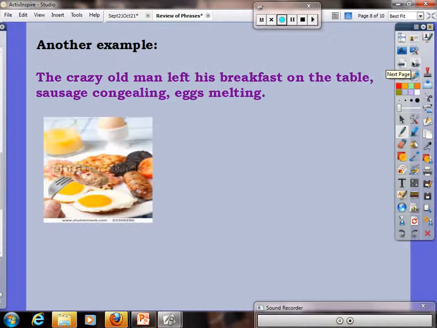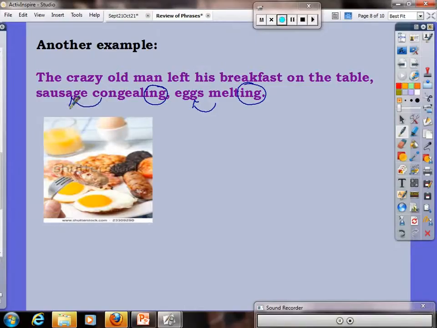Let's look at another example. The crazy old man left his breakfast on the table, sausage congealing, eggs melting. That's disgusting. Okay. The crazy old man left his breakfast on the table. I'm looking for the ing words because I know with an absolute I have to have a noun and an ing word. So here's congealing. I've got ing, melting, ing, and I look at the word right in front of it, and those are both nouns.